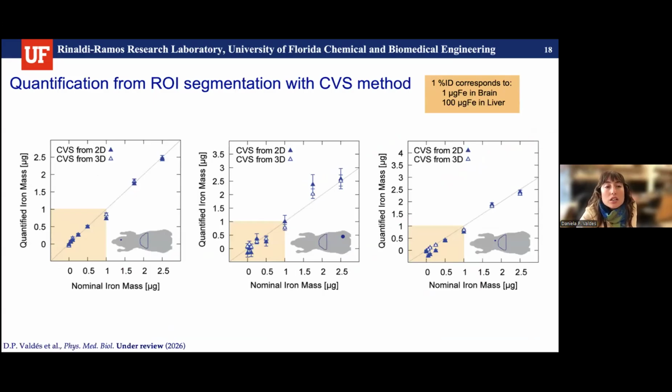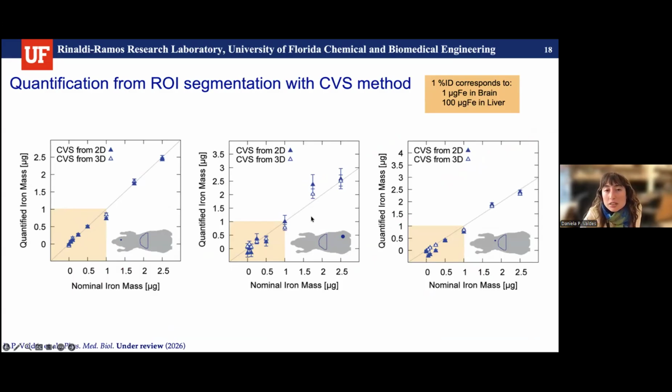So coming back to the subtraction strategy, we see that for the brain, it's not affected. We can see maybe the 2D improving a little bit, being closer to the predicted values.